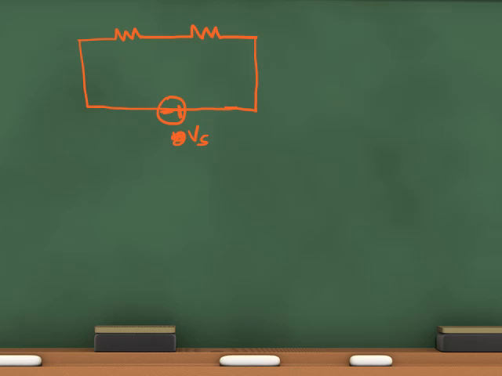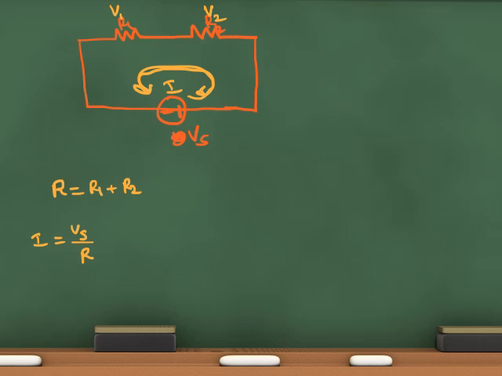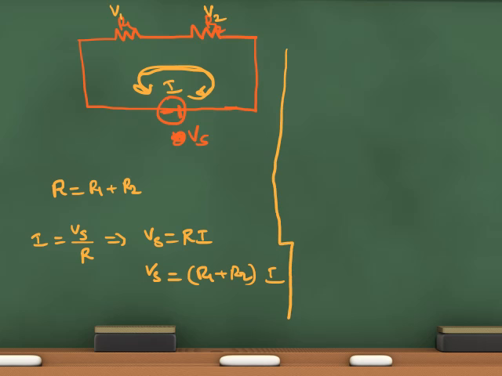Ten volts, or simply Vs, you can put it as Vs. And it is R1, R2. The voltage across R1 will be V1 and across R2 will be V2. The current will be the same. Now we know that R equal to R1 plus R2, and the total current I equal to Vs by R, so Vs equal to R into I, and Vs equal to R1 plus R2 into I. That implies Vs equal to I into R1 plus I into R2.